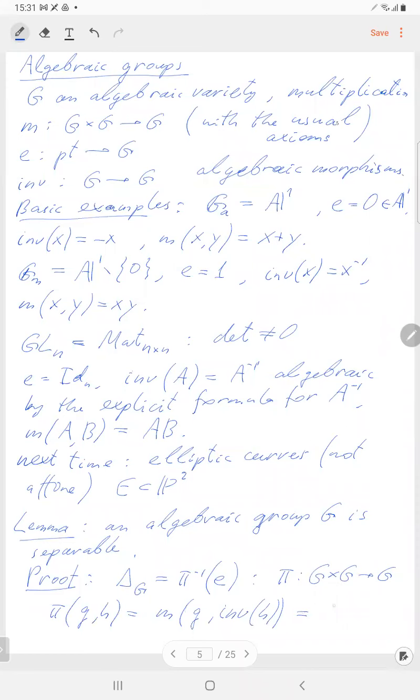So loosely speaking, this is g h inverse. So the two elements are equal only if their ratio is the neutral element. Now this is an algebraic morphism, and the neutral element is just a point, so a closed subvariety of our group G, and hence its preimage is also closed.